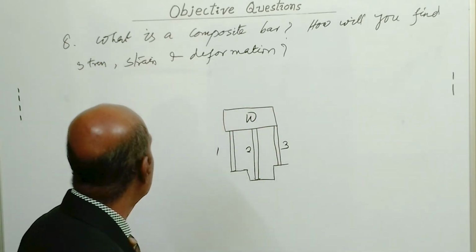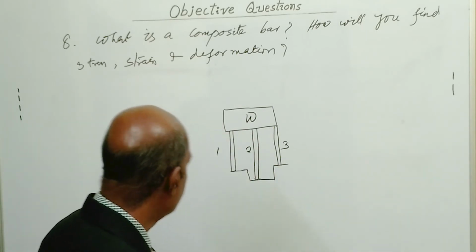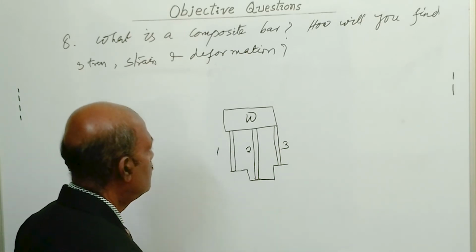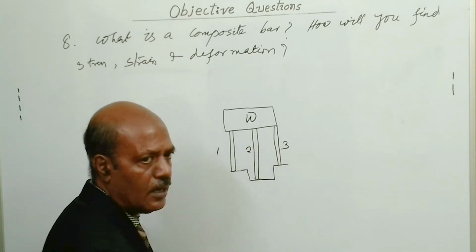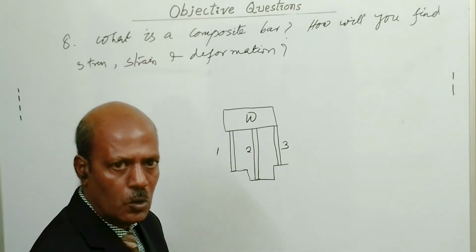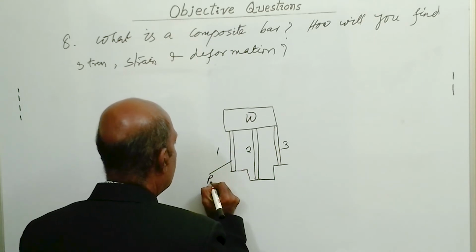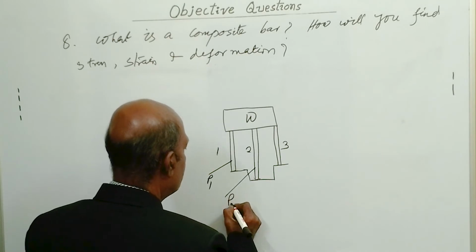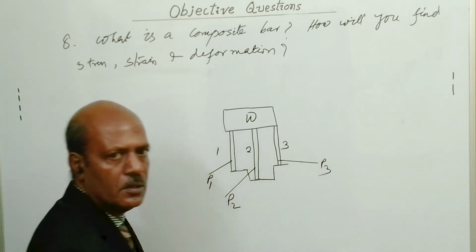How will you find the stress, strain and deformation in this system? Now, let the three bars be taking the total load, and let the load taken by bar 1 be P1, bar 2 be P2 and bar 3 be P3.